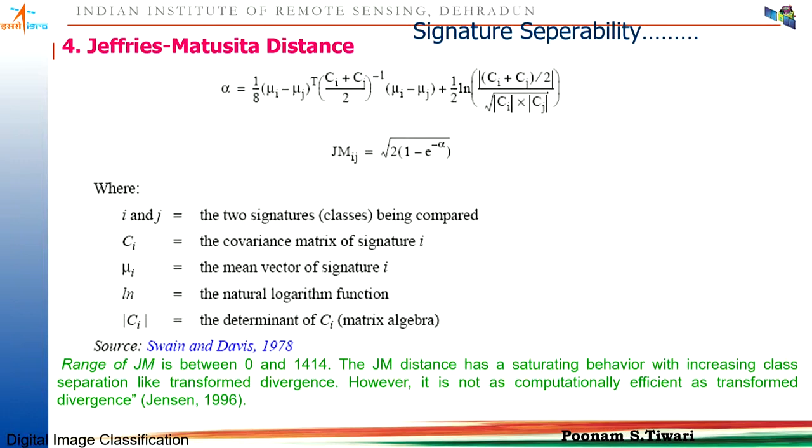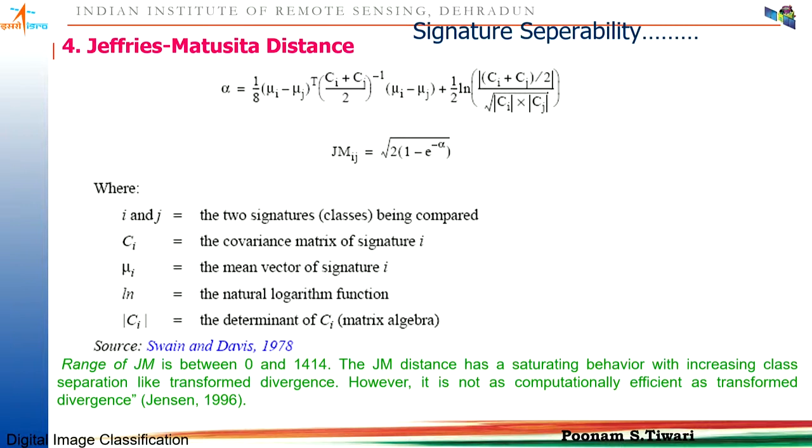We can also calculate another distance parameter that we call JM distance, Jeffreys-Matsushita distance, and the formula is given here on the screen. The JM distance values are in the range of 0 to 1414. The JM distance has a saturating behavior with increasing class separation, like transform divergence.